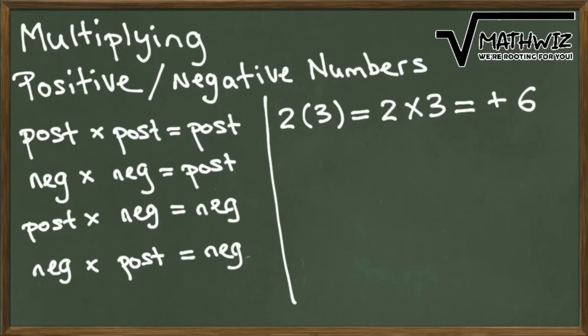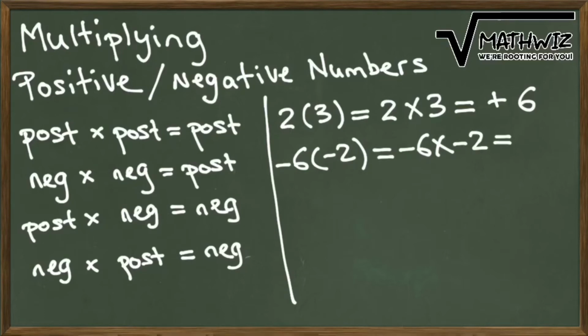At the same time, if we had minus 6, open bracket minus 2, we would rewrite that as minus 6 multiplied by minus 2, or negative 6 multiplied by negative 2. And a negative multiplied by a negative is going to give us a positive. And so this should be positive, and the 6 times 2 gives you 12.